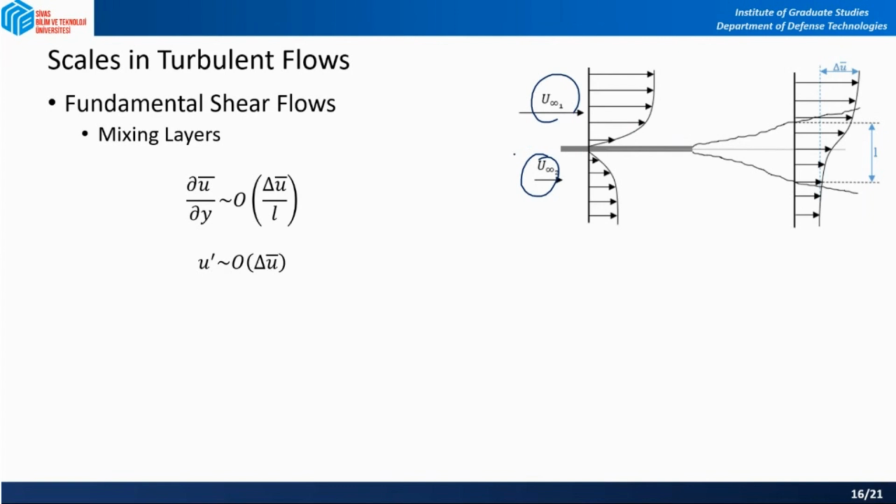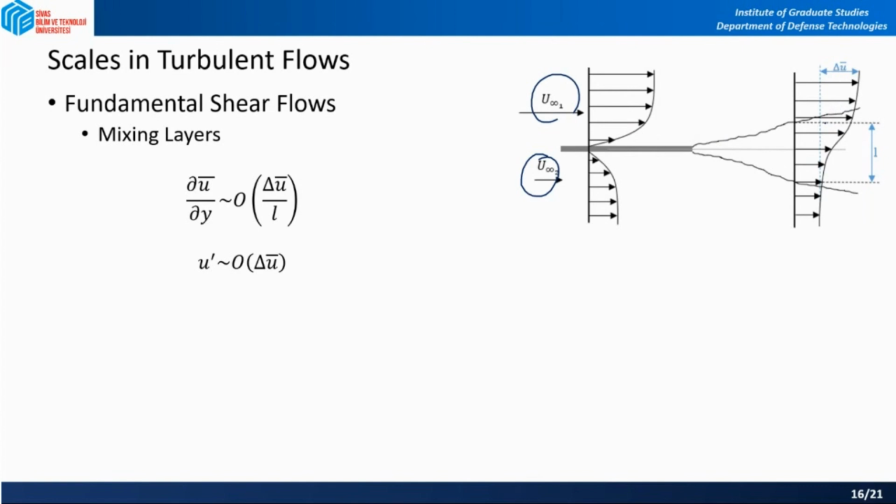When the plate ends, these high and low momentum flows will start to merge. And if you go far away from this plate, this mixing of two different momentum flows will create a mixing layer.